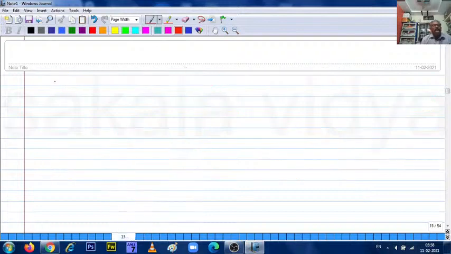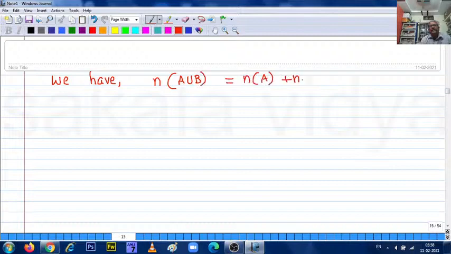So we have n of A union B is equal to n of A plus n of B. It is applicable only when A, B are disjoint. My dear students, please remember, A, B are disjoint sets. Now substitute the values.